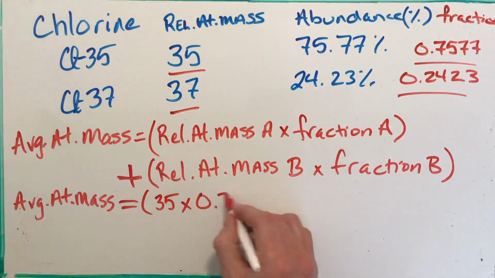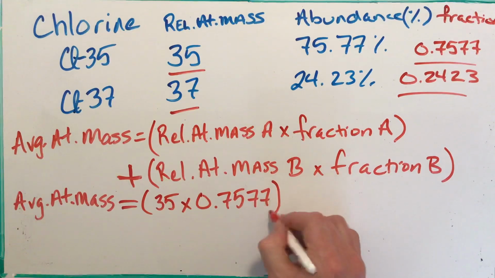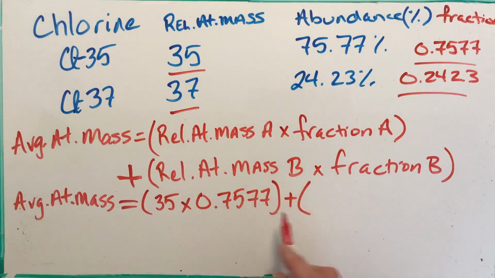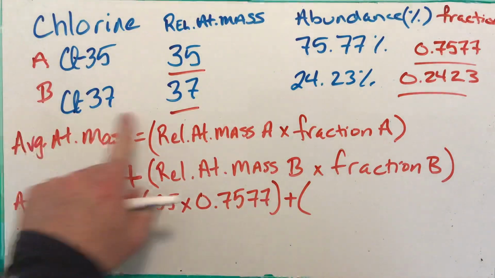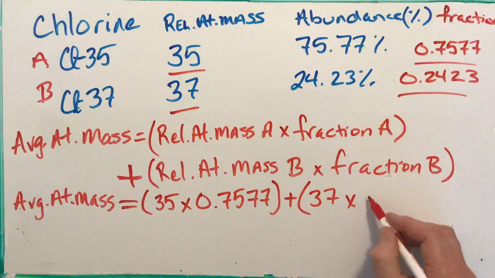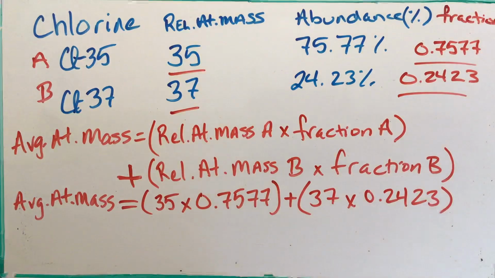So 0.7577 plus, I'm going to put this next bracket in here, the relative atomic mass of my B. So this was my A, this was my B. B was chlorine 37. I'm going to multiply it by the fraction of that, so 0.2423, and I'll bracket that off.